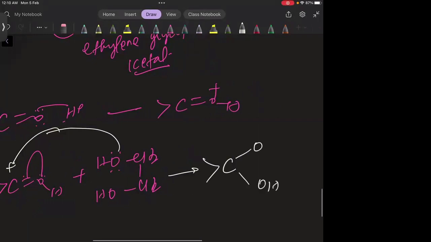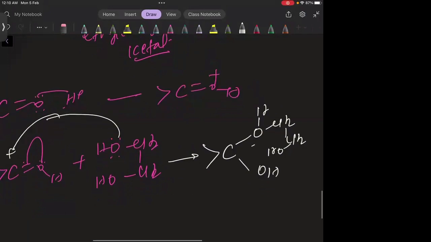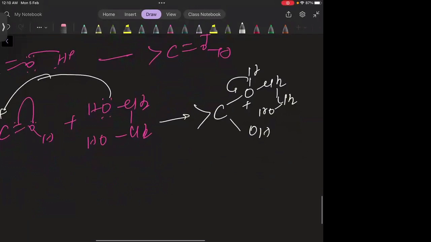There is the OH and the OCH2CH2OH group like that, and there is a positive charge, so it will move here, and the compound is like OCH2CH2OH, and here is the OH.